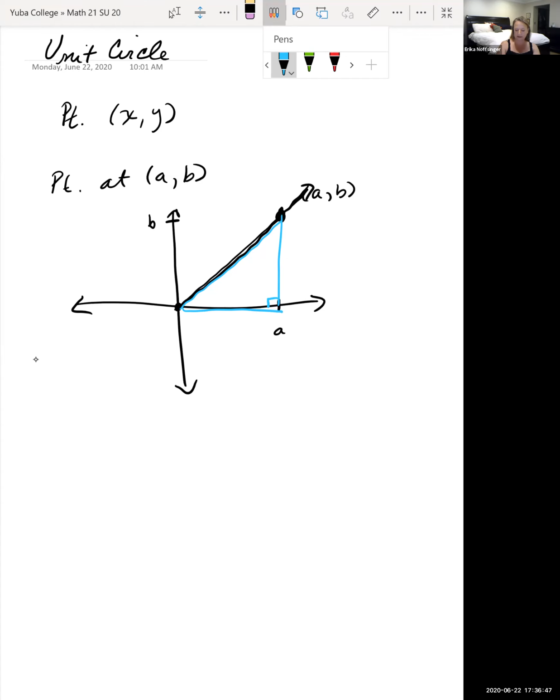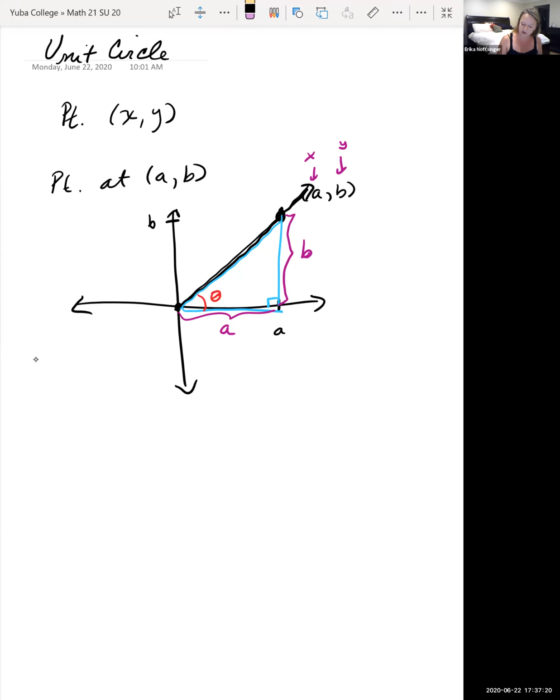And this side here, this length, is a length of B. It's the height, which is the y value of our point. And A is the x value of our point, and that base down here is length A.